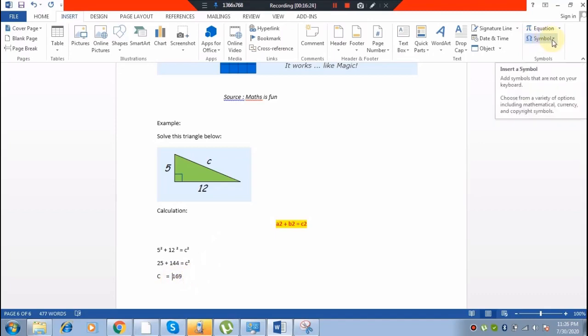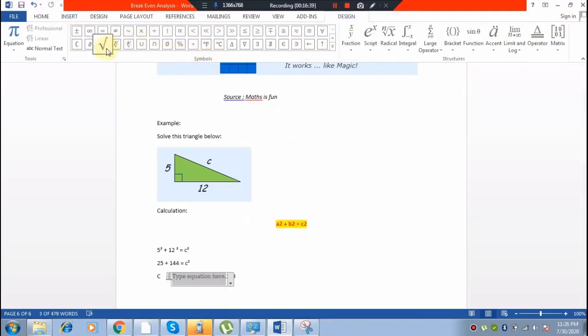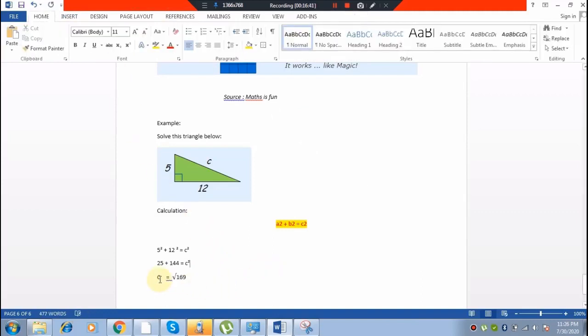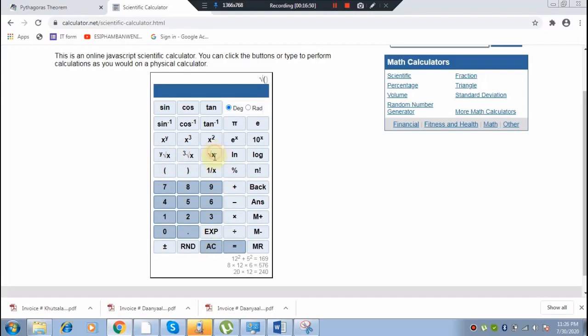So insert symbol. Okay, this is what I want. We're going to do the square root of 169. So sorry about that. 169, yes, which is equal to 13. I hope you've seen what I've done here, guys.